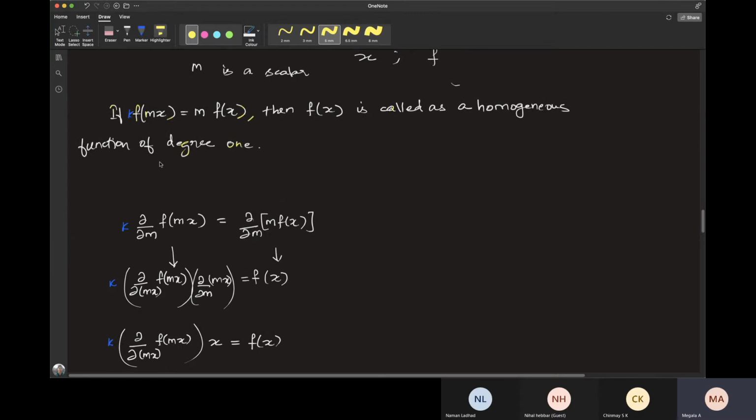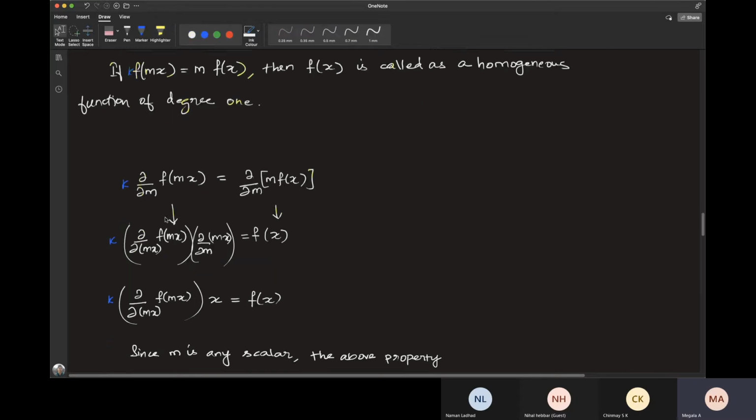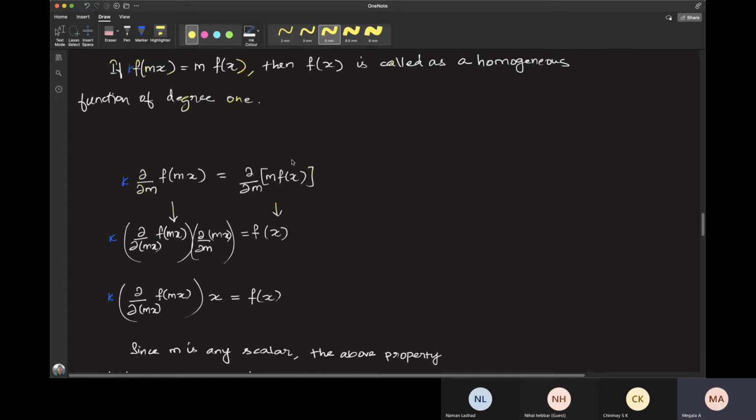So let us differentiate this equation with respect to m. The right hand side, dou by dou m of m into f of x, will give us f of x. The left hand side will give us something like this. First of all, we do the chain rule. f is a function of mx and we are differentiating with respect to m.